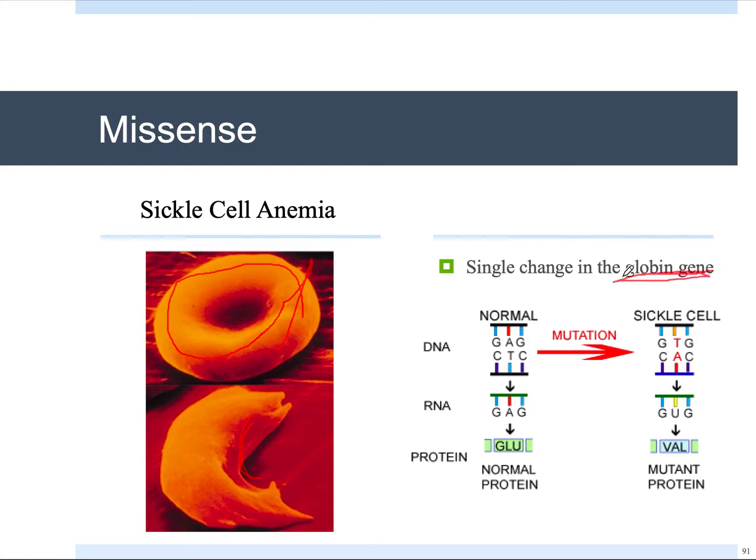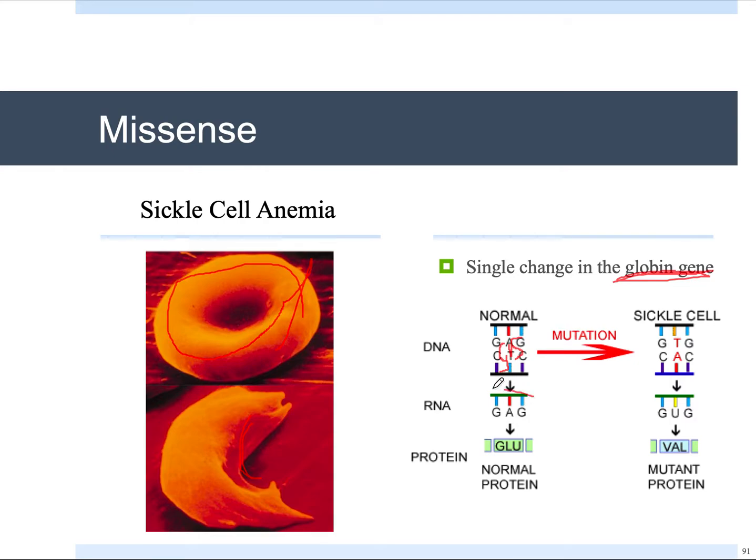So there is a globin gene, and this is the normal globin gene. This is a mutated one. What you would see is that there has been a flip, so that T comes to this strand, and A comes to this strand in the mutated, and this is what leads to sickle cell. It affects the protein that is eventually synthesized, and then the shape of the cell is affected as well.